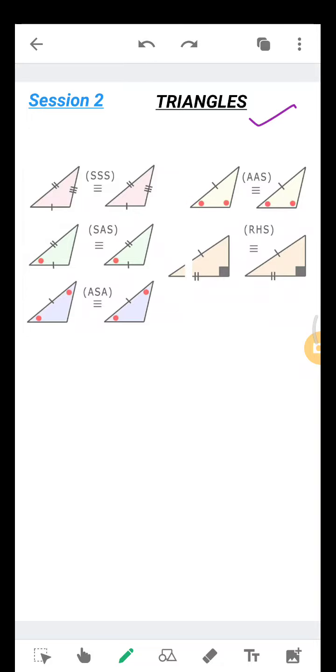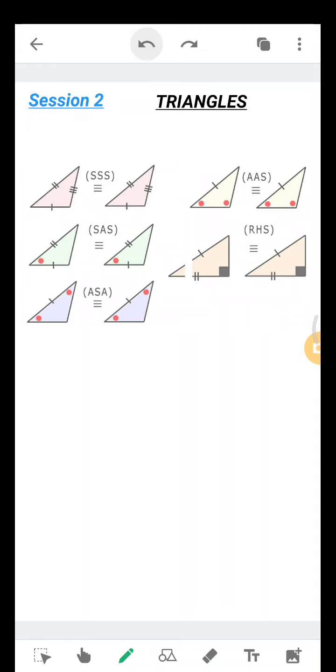If it were this side, then it would be ASA, but the side is some other side, so it is AAS. 2 angles of this triangle are equal to 2 angles of the other triangle, and one side is equal, so they are congruent by the AAS rule.